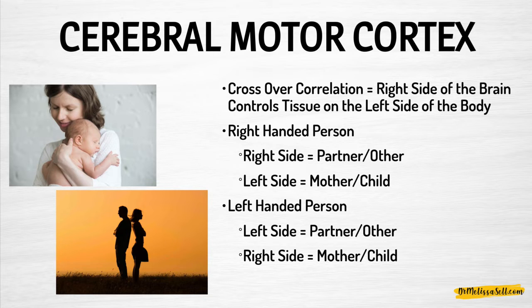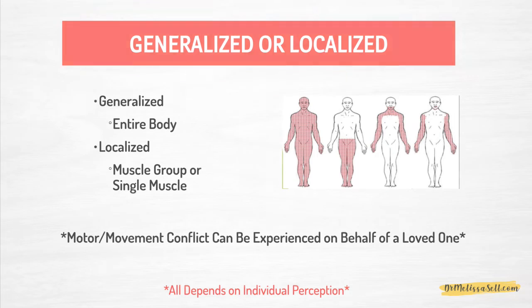Whereas if the feeling stuck was with regard to their partner, or some significant relationship that's not their mother or child, could be a sibling, a parent, or a father, a friend, or someone else that's important to them, the issue would show up on the right side of the body. And it is opposite for left-handed people.